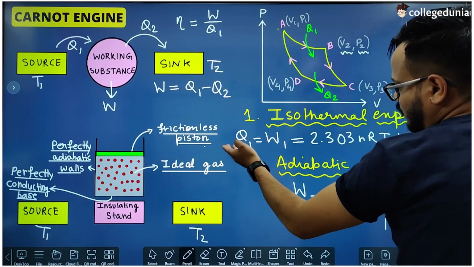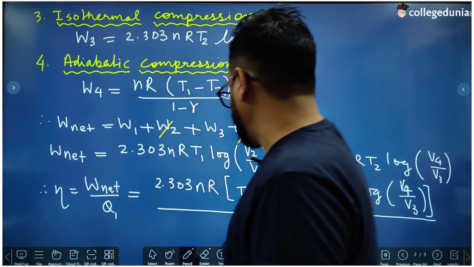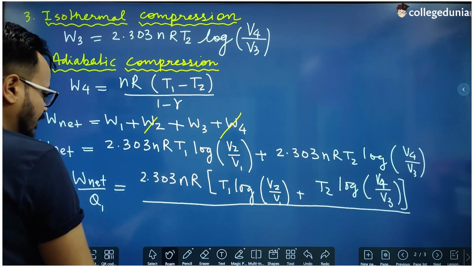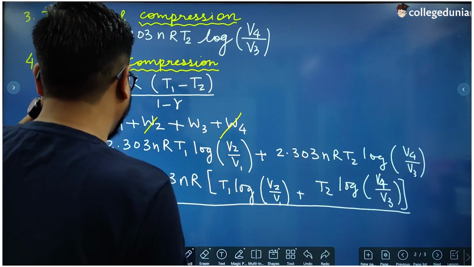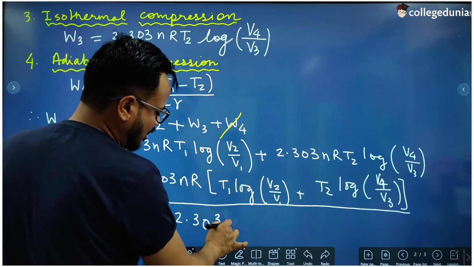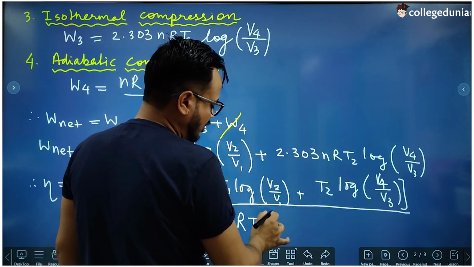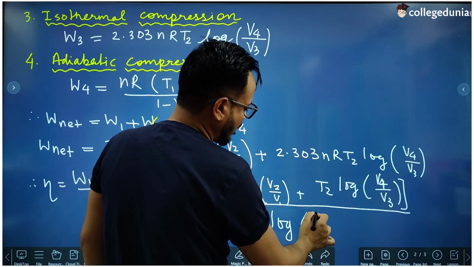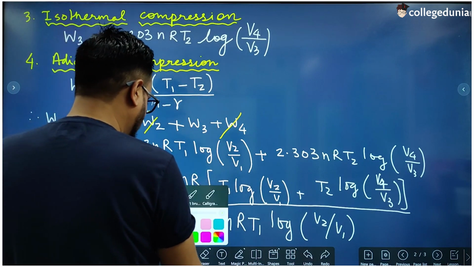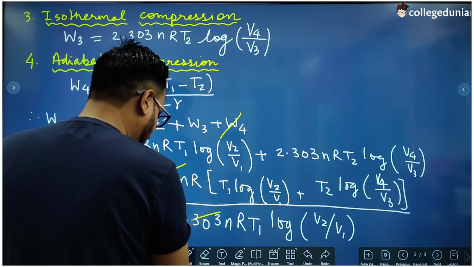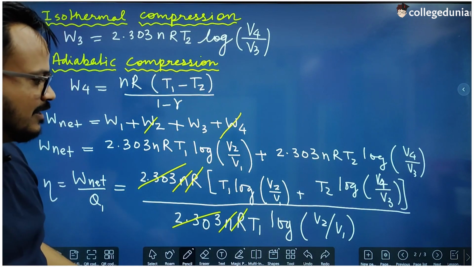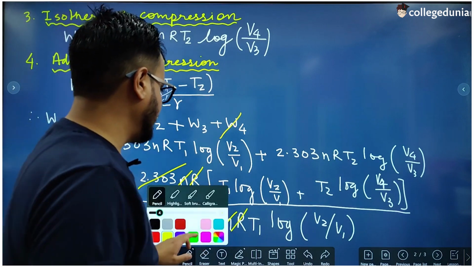Q1 was equal to W1. So in place of Q1, we are going to put W1, which is this, right? So it is 2.303 nRT1 log V2 divided by V1. So this will get cancelled out, this n also, R also. So if you take this, let's write it here.